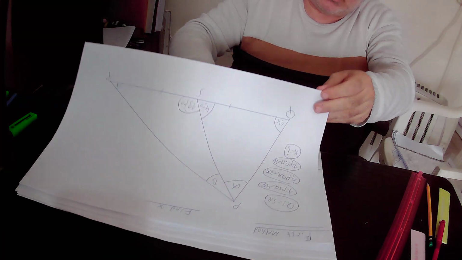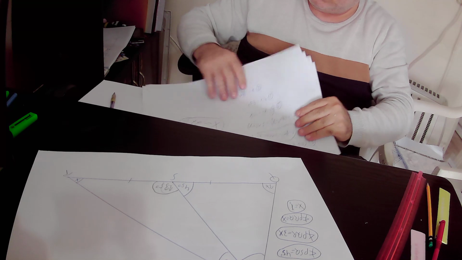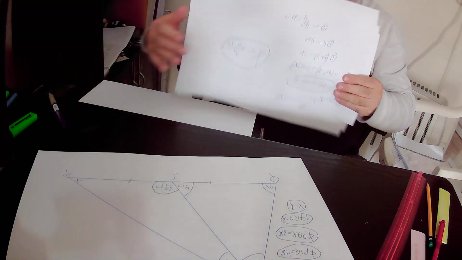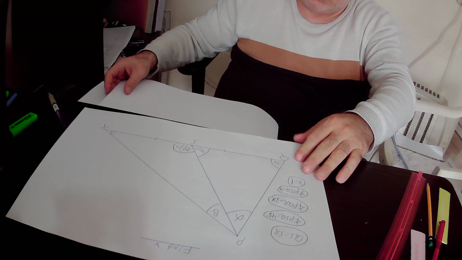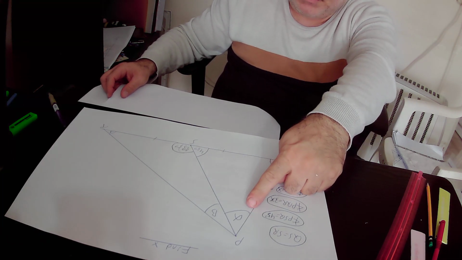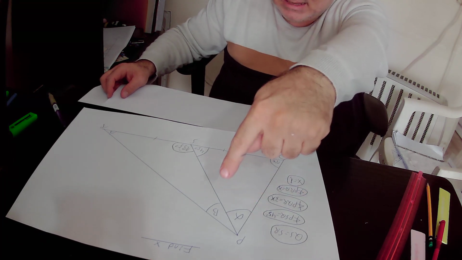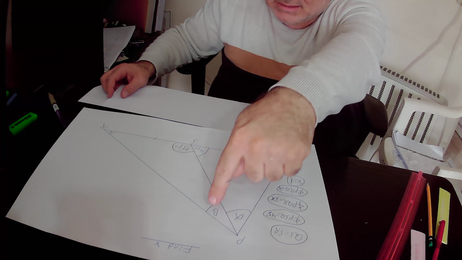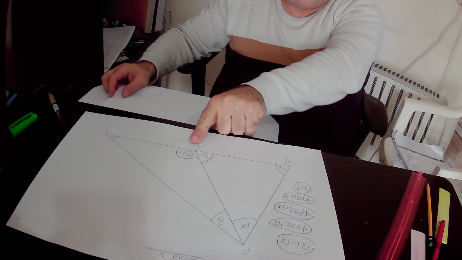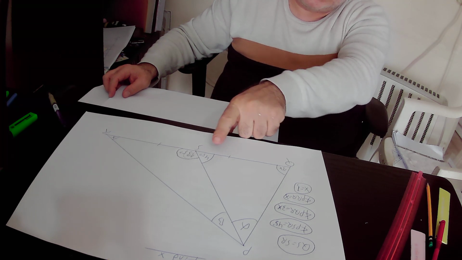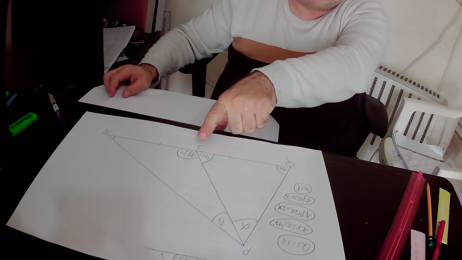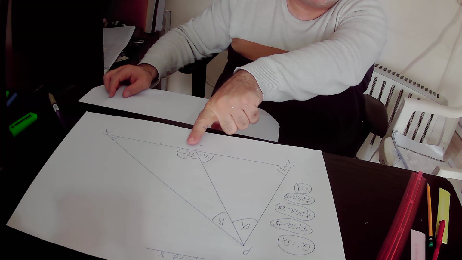In the first method, we defined angle QPS as alpha, angle SPR as beta, and this angle we define as Y. We know that this angle equals 45 degrees, but this angle is not given to us, so we have to find it.